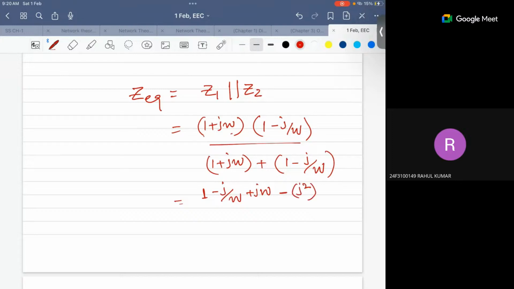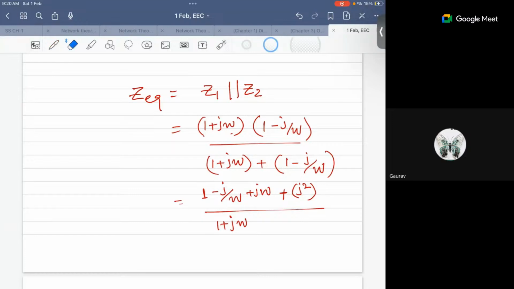So j square is what? What is the value of j square? Minus 1. So minus 1 minus, it will become plus 1. Correct? This will be plus 1. And then in the denominator you will see that 1 minus j upon omega terms are both the same, right? So this will get cancelled. This will be 1.